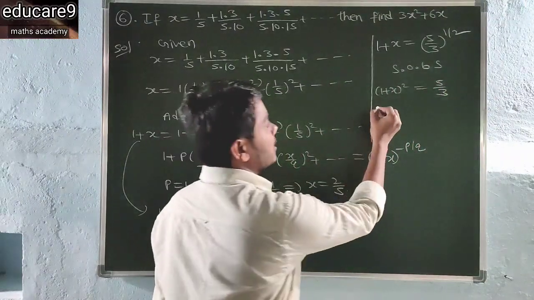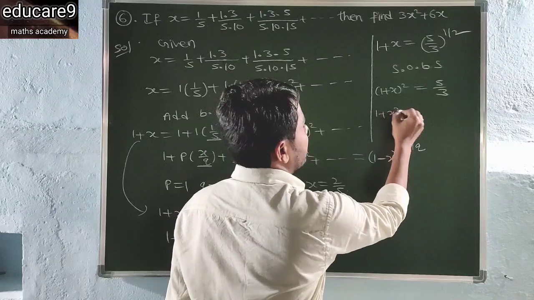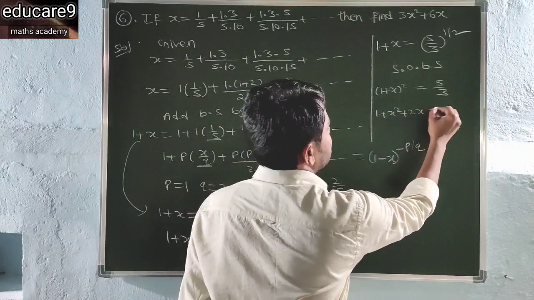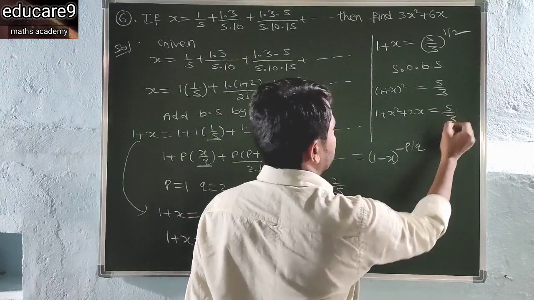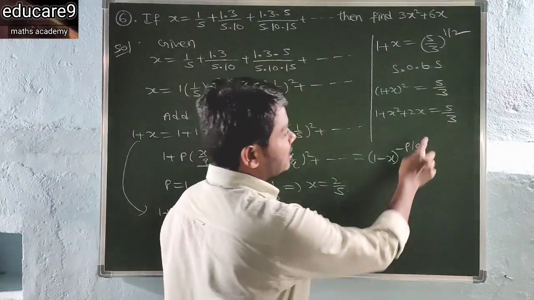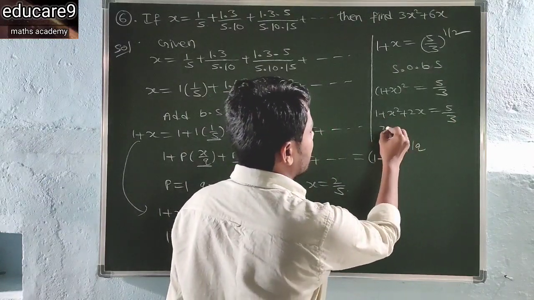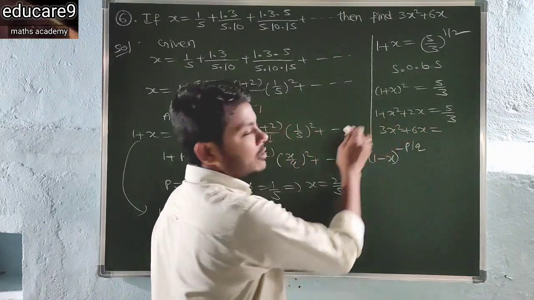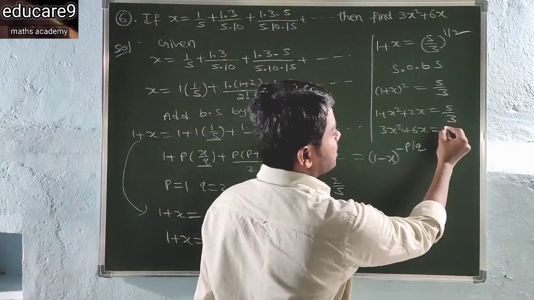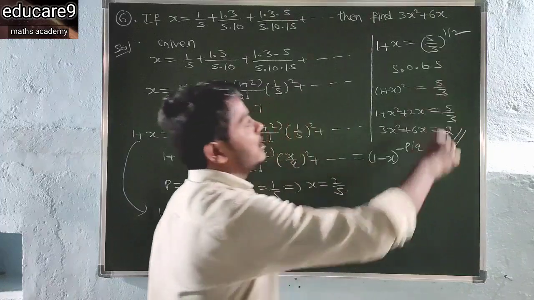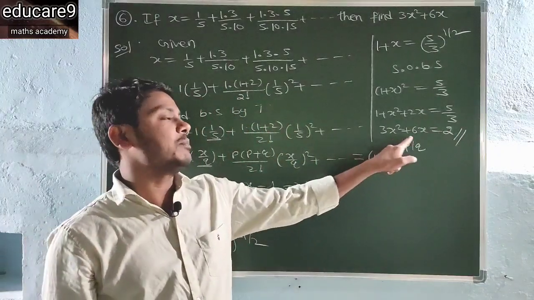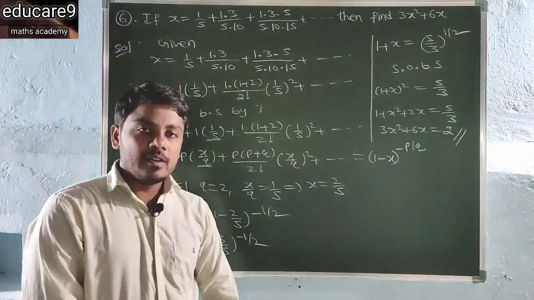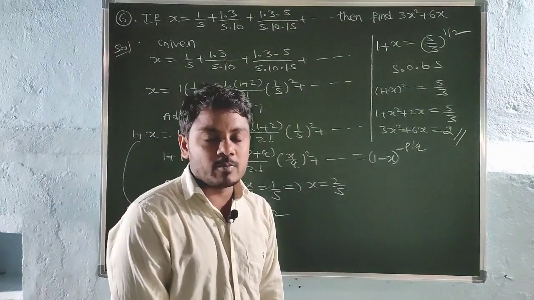So this is what? 1 + x² + 2x is equal to 5/3. So clearly this is what? 3x² + 6x is equal to 3 into 5/3 minus 3, that is 5 minus 3, 2. So this is the value of 3x² + 6x. So for the next session we will discuss more problems.